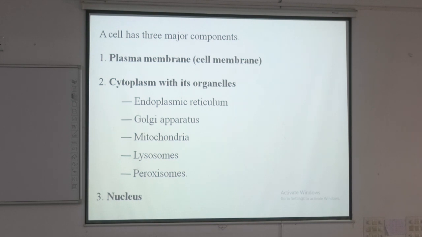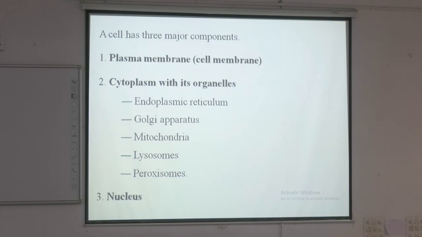Why is the cell membrane rigid, why is it flexible, they gave their opinion. Of all these theories, the Singer and Nicolson theory is the most accepted. These questions are asked in your exam: write about the fluid mosaic model and explain the Singer and Nicolson theory of the cell membrane.